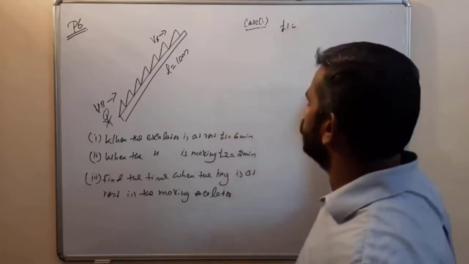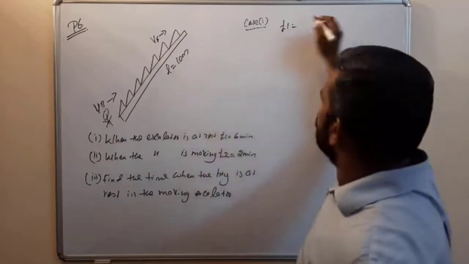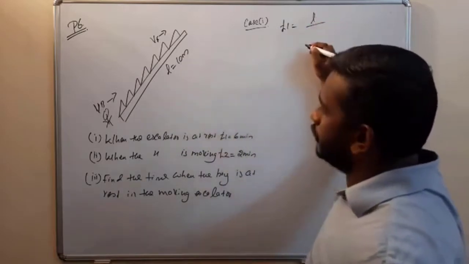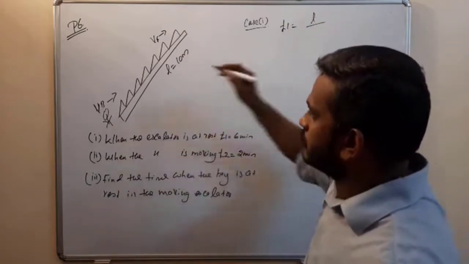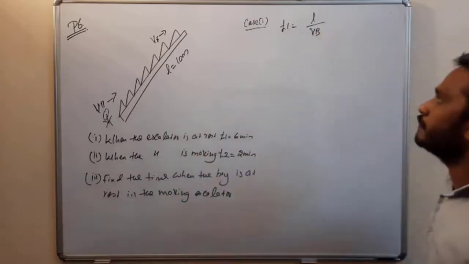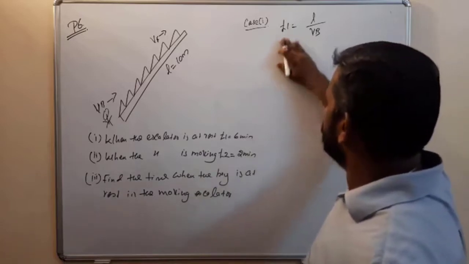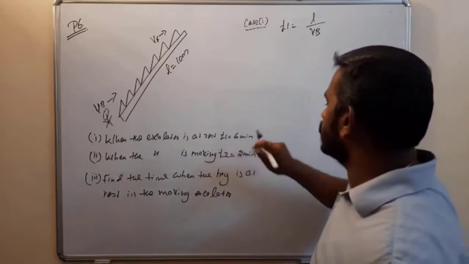So T1 is equal to the length of the escalator L divided by VB, the velocity of the boy.